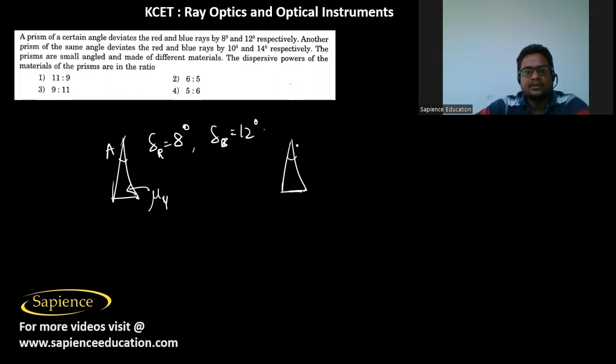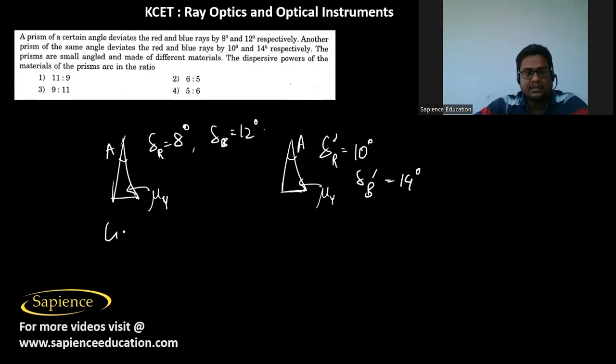Here also the prism has angle A, and the angle of deviation for red is 10 degrees and for blue is 14 degrees. Now the dispersive powers of the materials of the prisms are in the ratio.